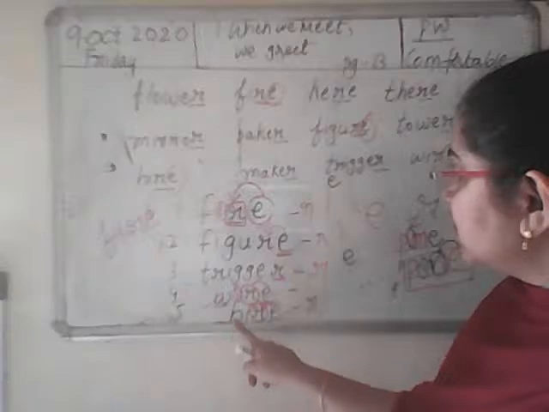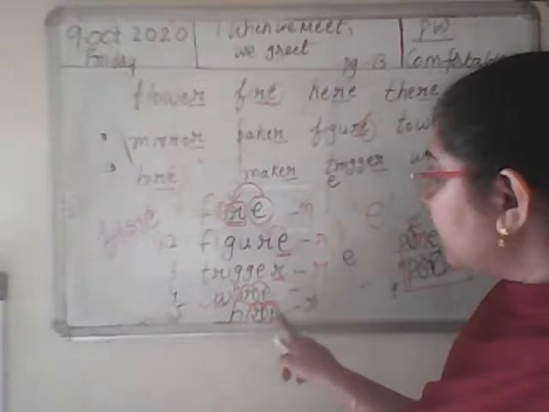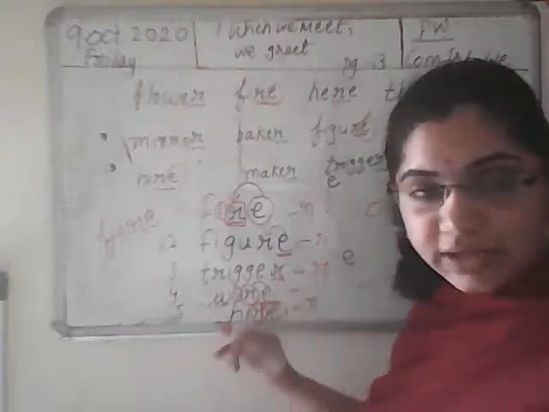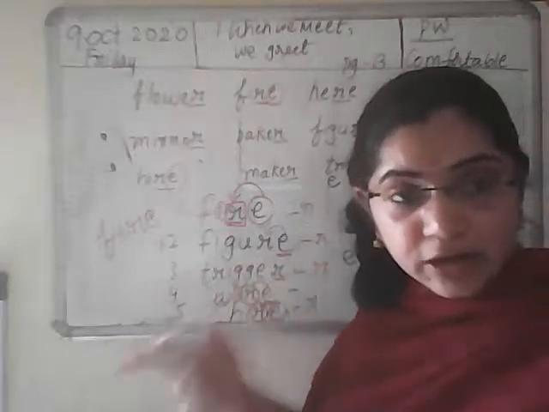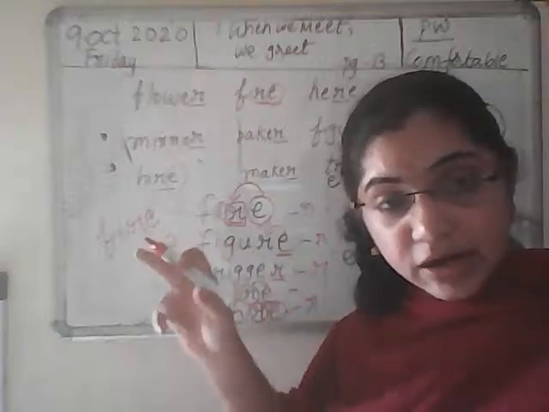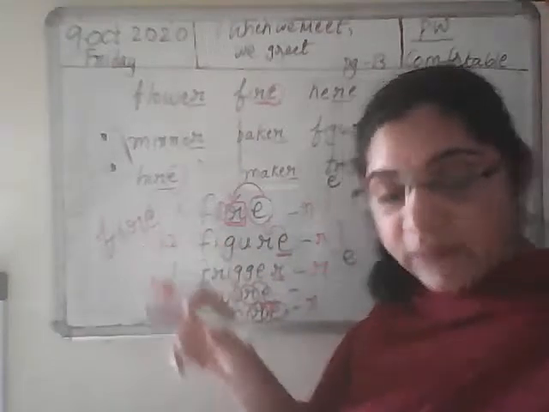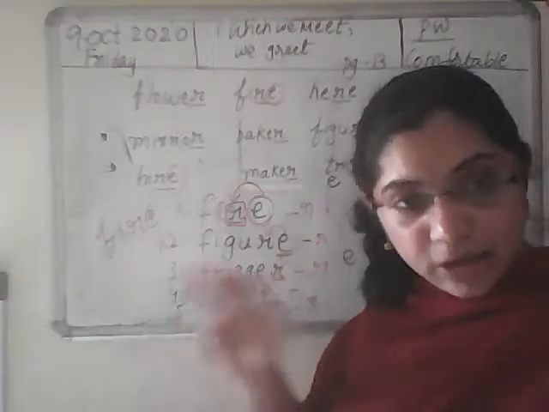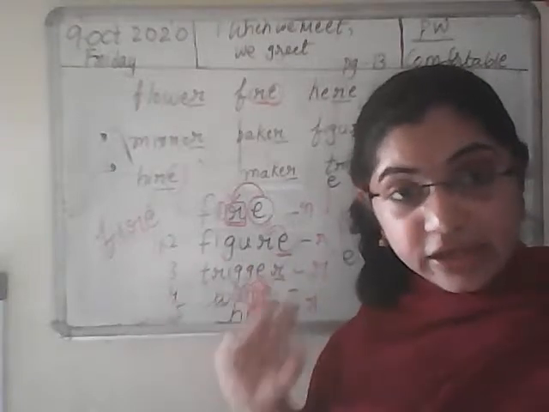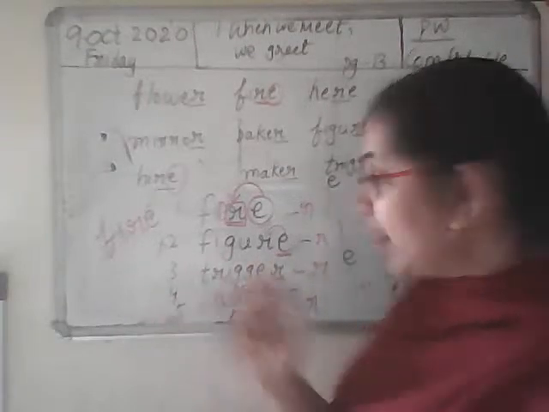Then see this word H-I-R-E. Because E is there in the group, the I sound is higher. High, higher, wire.